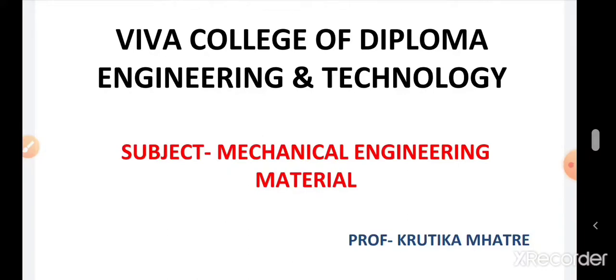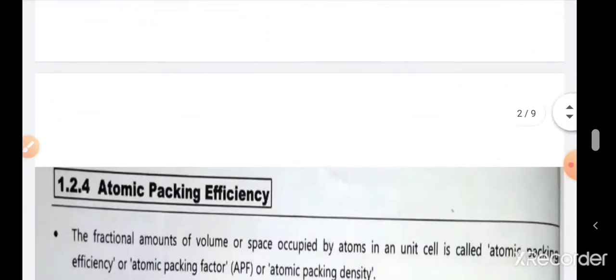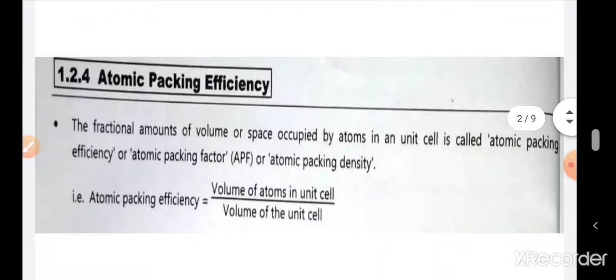Today we learn atomic packing efficiency. Let's start with the topic atomic packing efficiency. It is the fractional amount of volume or space occupied by atoms in a unit cell, called atomic packing efficiency or atomic packing factor.